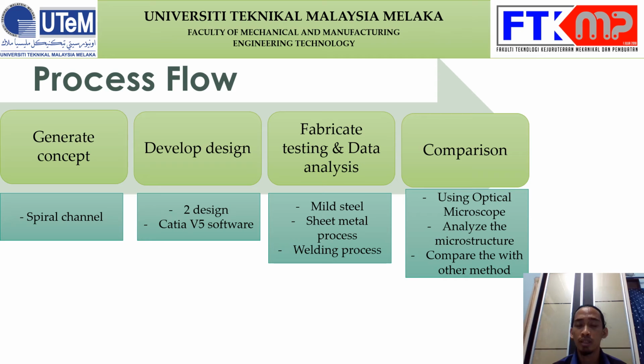After I do the design, I make sure to select which drawing is better or has a greater benefit to fabricate. To fabricate this spiral channel, I use mild steel, and the processes are sheet metal and welding.